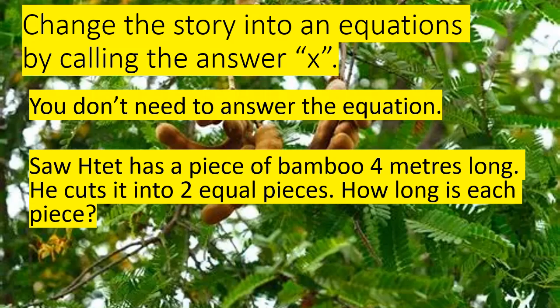Same situation. You need to create the equation from the words. You don't need to answer the equation. So Sotet has a piece of bamboo 4 meters long. He cuts it into 2 equal pieces. How long is each piece? So what is the equation for that?